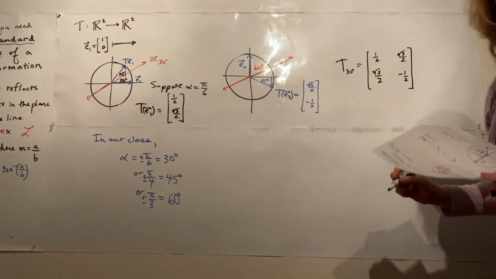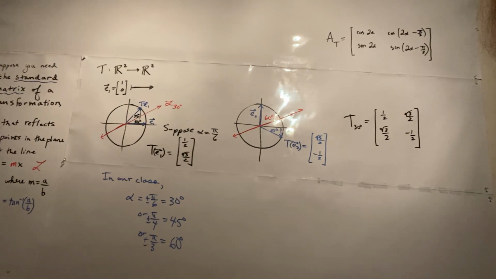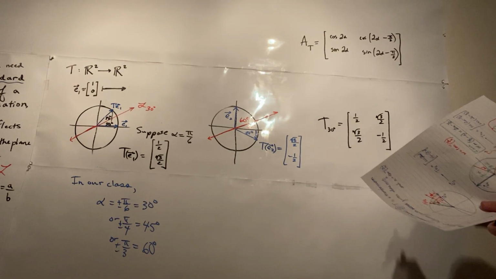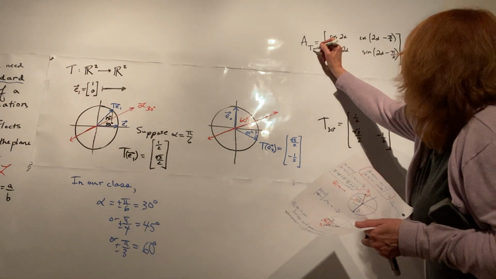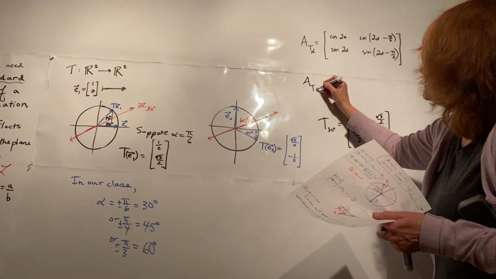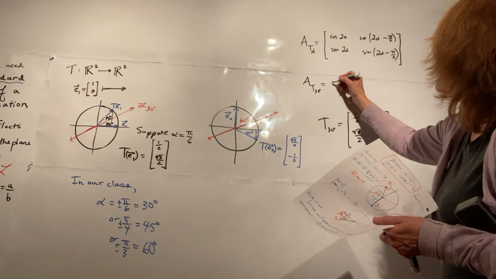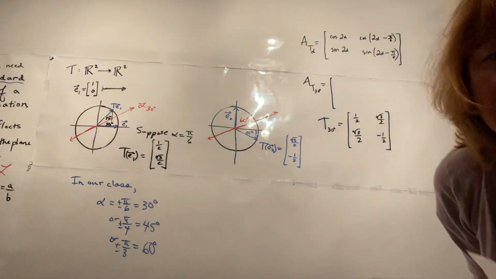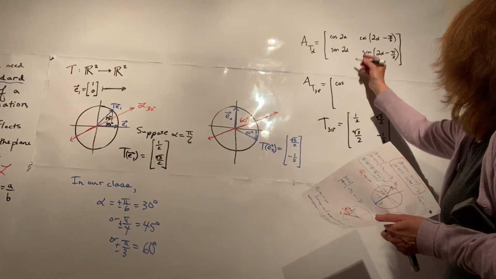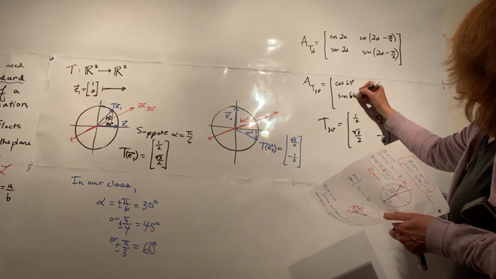So for comparison purposes, we wonder, is that the same as what this formula in general would have given us? In other words, this is for alpha. What would this formula say A of T sub 30 degrees is? Or pi over 6, right? So that would look like, I hope you guys can see that, the cosine of twice alpha, which is 60 degrees, sine of 60 degrees.